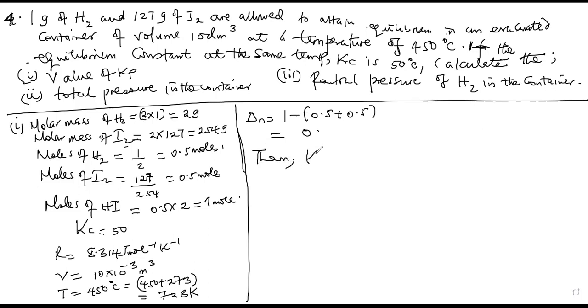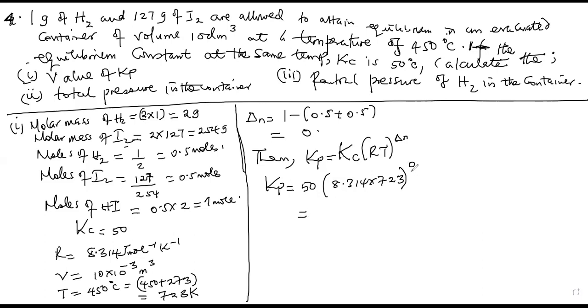Then it means that Kp is equal to Kc (RT) power delta N. Our Kp is going to be equal to Kc, 50, times RT, that is 8.314 times 723, to the power delta N, which is 0.